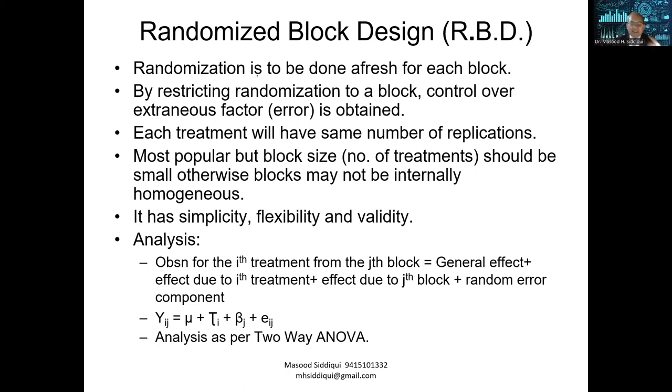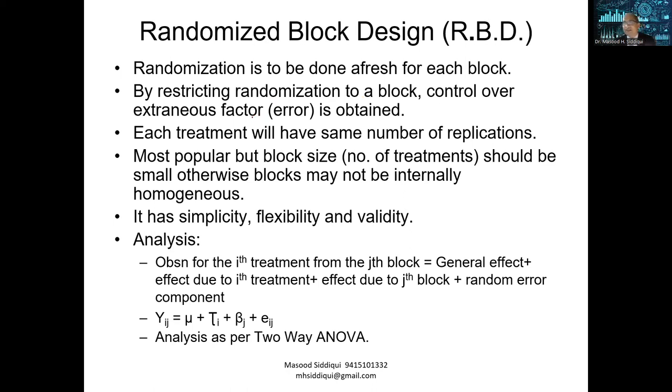So that's why it is a condition that randomization is to be done afresh for each block. Thereby we are restricting the randomization. By restricting the randomization to a block, not allowing it over the whole field, we achieve control over the extraneous factor, or the error is being controlled. In this way we are having an impact on the extraneous factor, right?